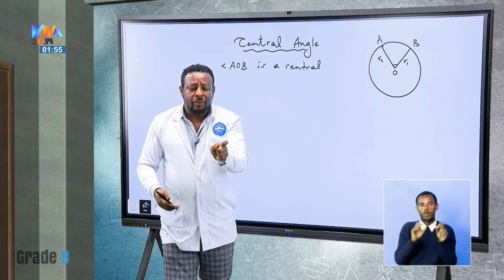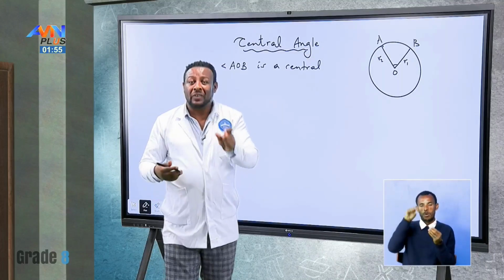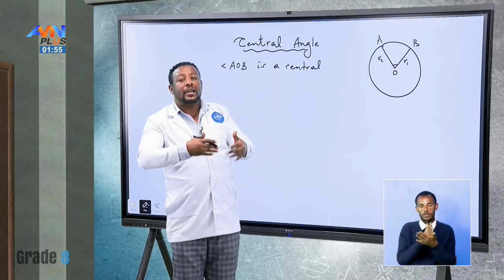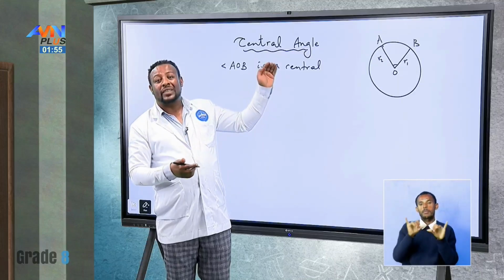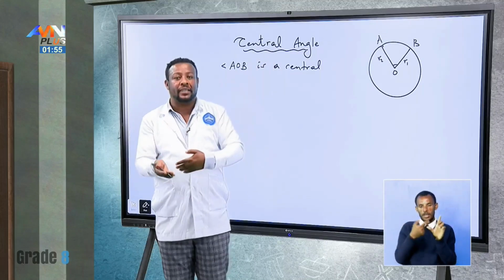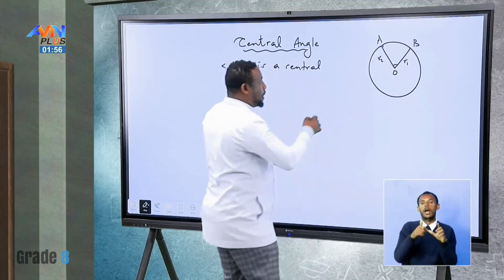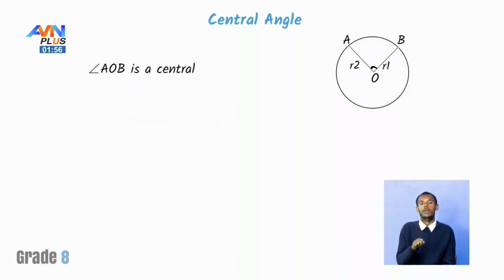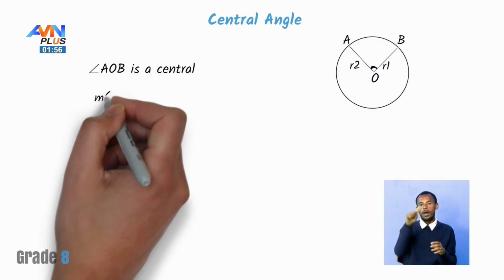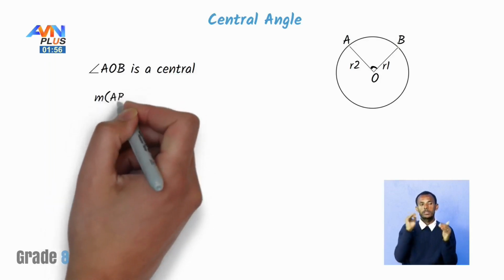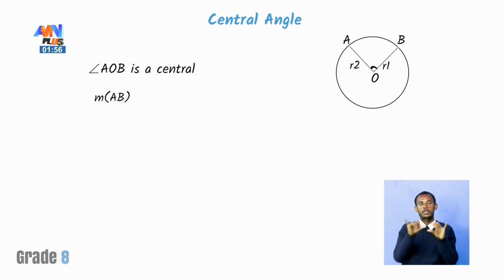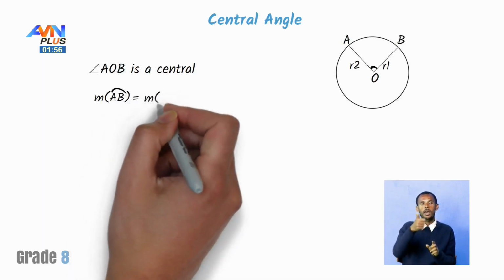Okay, let me tell you one more important relationship between the central angle and the degree measure of the arc subtending it. So this arc AB, the measure of arc AB is the same as the measure of the central angle AOB, okay?